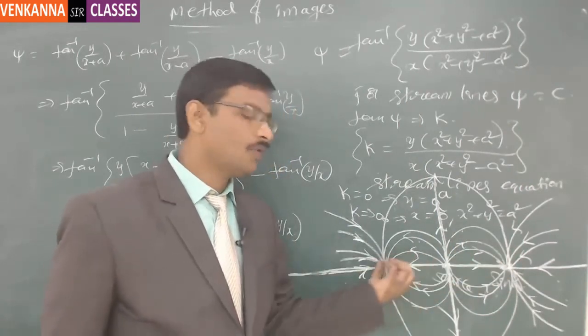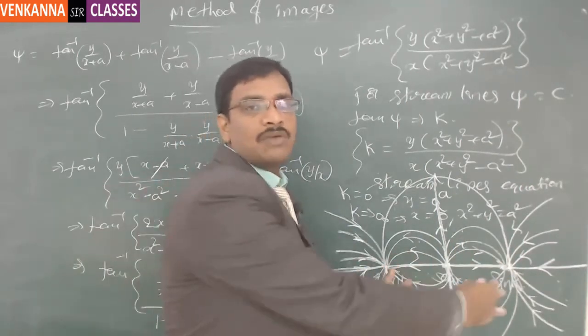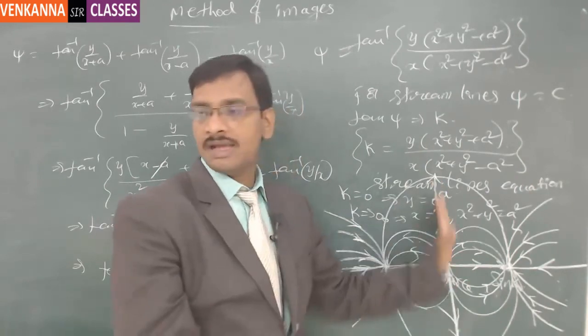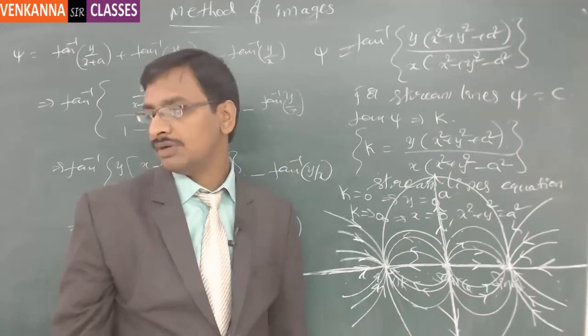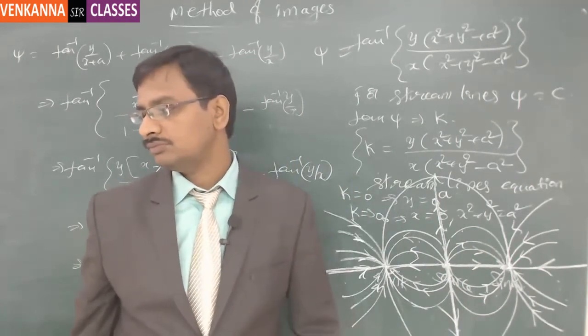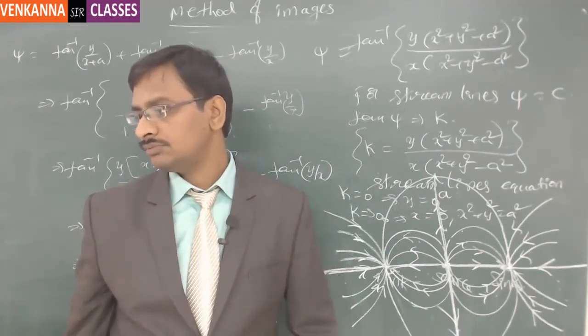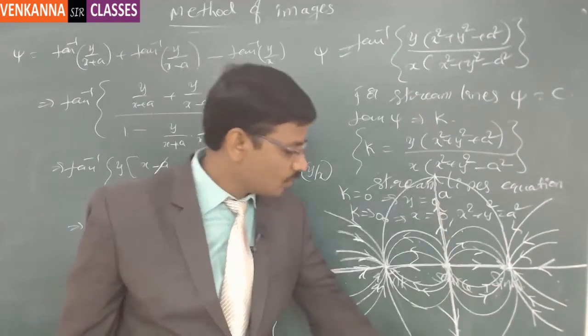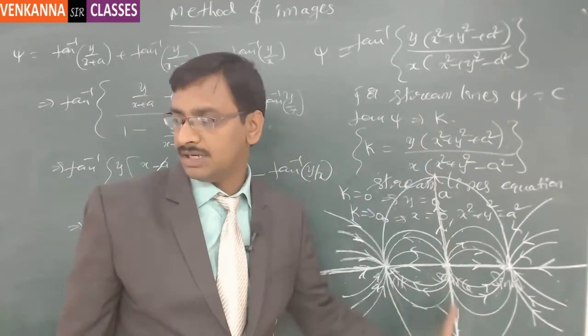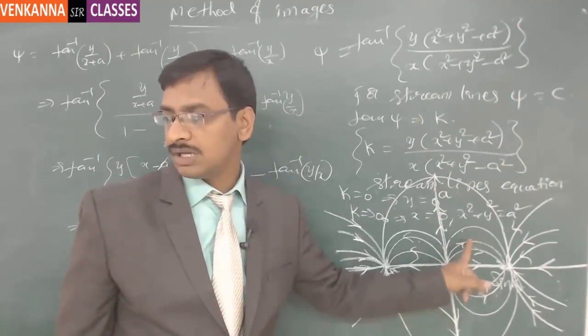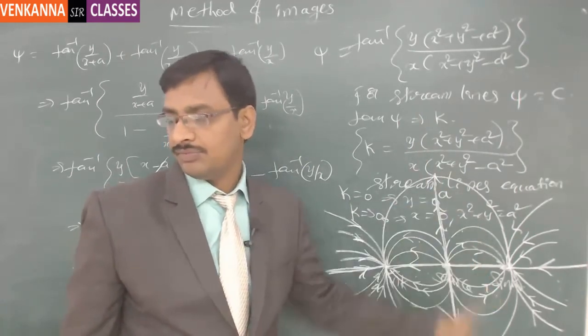So the fluid flow lines are also exactly subdivided with respect to the y-axis like this. And these are also circles and these are also circles. So this line is dividing one streamline exactly in the middle. So this circle streamline is getting divided. And from here, these are not circles. This is the circle. Got it?